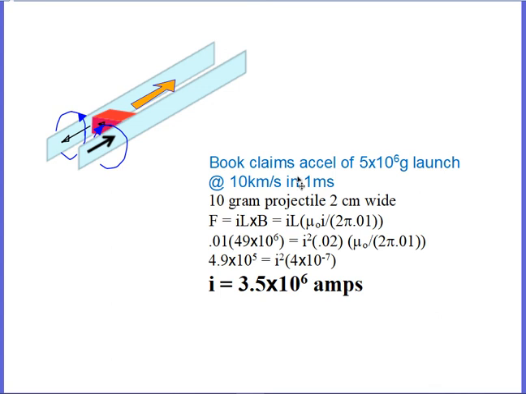I took this claim from the book and I wanted to test it out, as I hope you, if you have the time, also feel like you ought to do. So I decided my projectile would be 10 grams and that it would be 2 centimeters wide. So this distance here would be 2 centimeters.